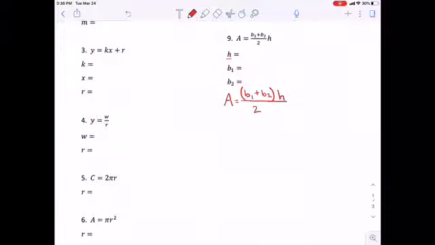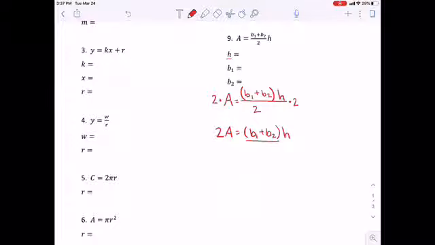Now to get rid of that fraction, I'm going to go ahead and multiply on both sides by 2. That gives me that 2A equals b1 plus b2 times h. Now I want the h alone, but notice how b1 and b2 are here in this parenthesis together. So because they're tied together in a parenthesis, I can divide them both off at the same time.